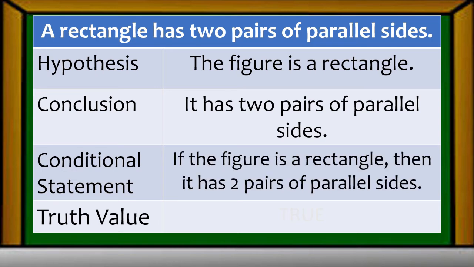From the hypothesis and the conclusion, we can now say that our conditional statement might be, if the figure is a rectangle, then it has two pairs of parallel sides.